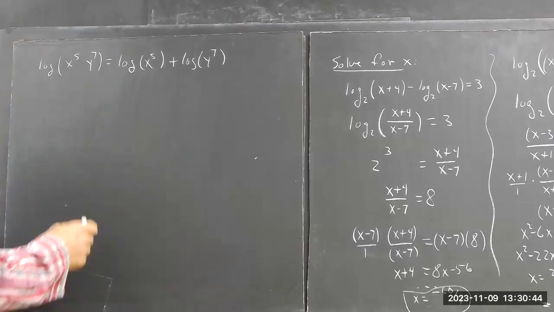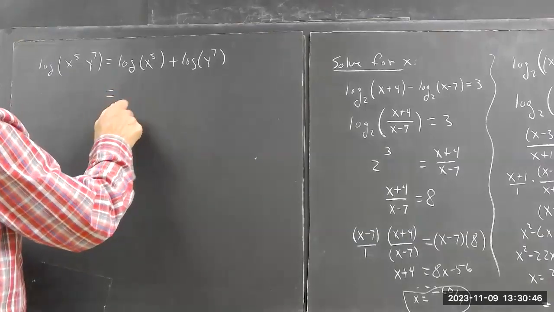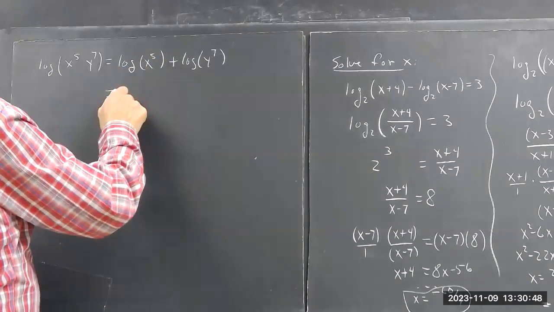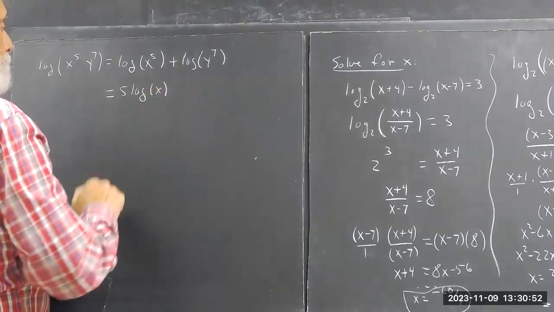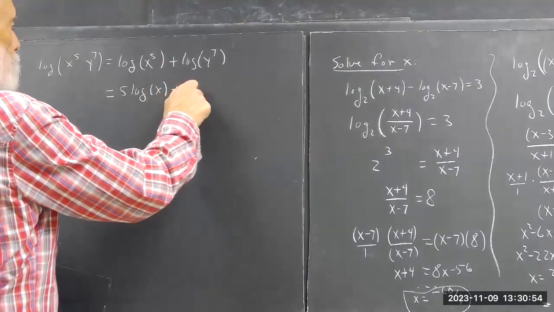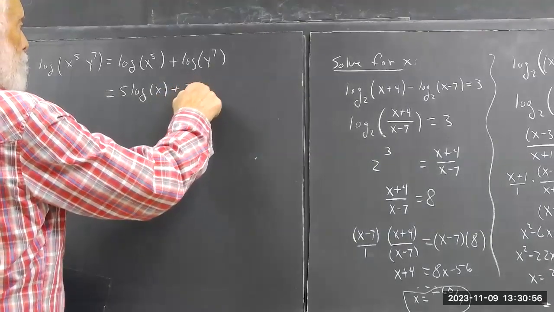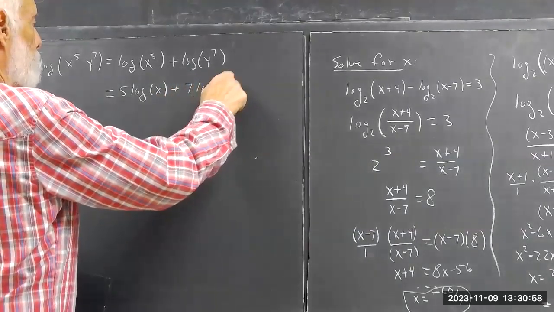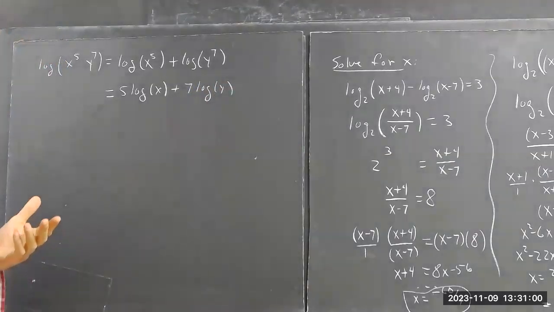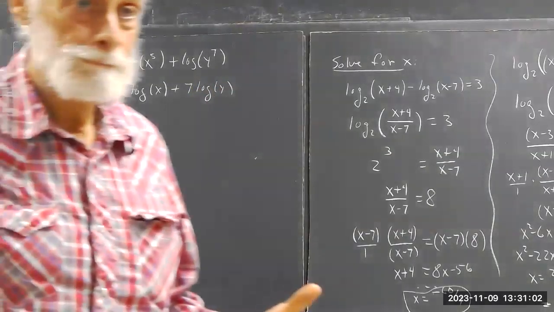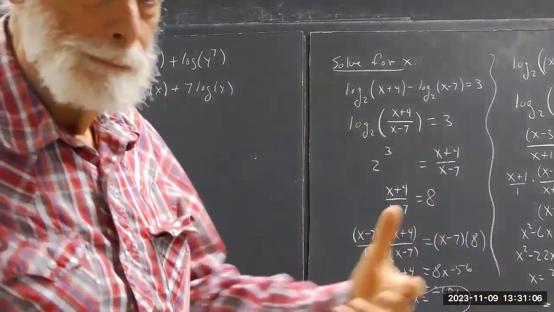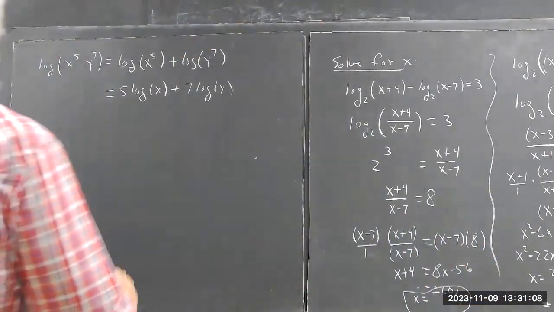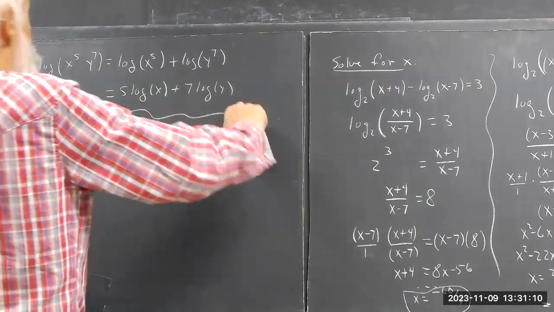Okay, log of x to the 5th is just 5 log of x. Log of x y to the 7th is 7 times the log of y. Make sense? Okay. Again, you're going to get used to it. I don't think you're going to find it difficult.